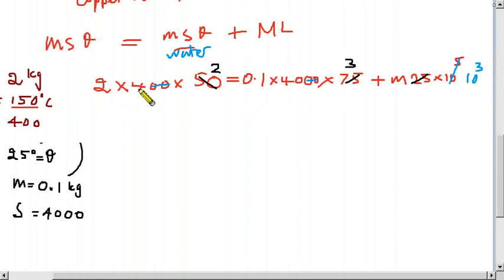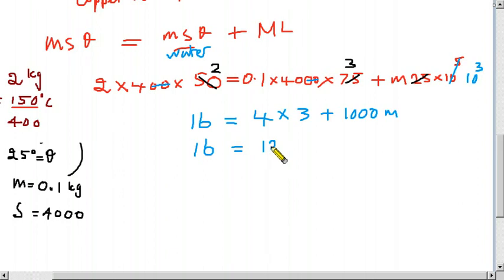So 4 times 2 is 8, 8 times 2 is 16 equals, here 0.1 times 40 is just 4, then times this 3 plus 1000, 10 power 3 is 1000 times m. So 4 times 3 is 12 plus 1000 m.